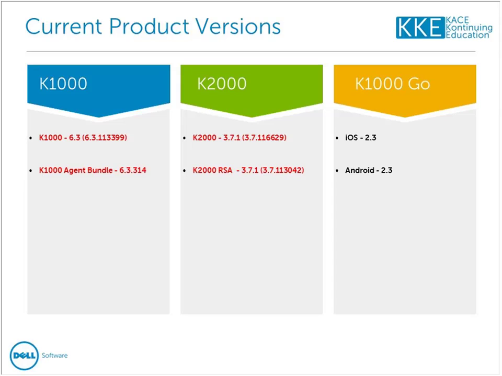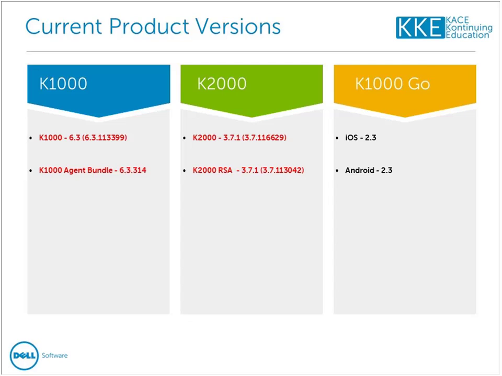All right, so what we're going to be covering today is any content, anything that we say to you today is going to be current as of the actual generally available versions of our KACE appliances. Anything we say is possible is possible as of the latest versions.